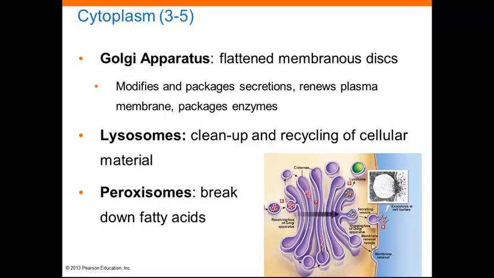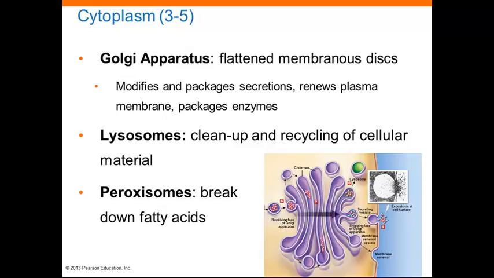And then they'll package enzymes as well, and these are called lysosomes. So these lysosomes contain different enzymes that are packaged in the Golgi apparatus. And so these lysosomes, that was another listed structure, another listed organelle. They're produced by the Golgi apparatus, and they contain digestive enzymes. So they help with cleanup and recycling of materials within the cell.